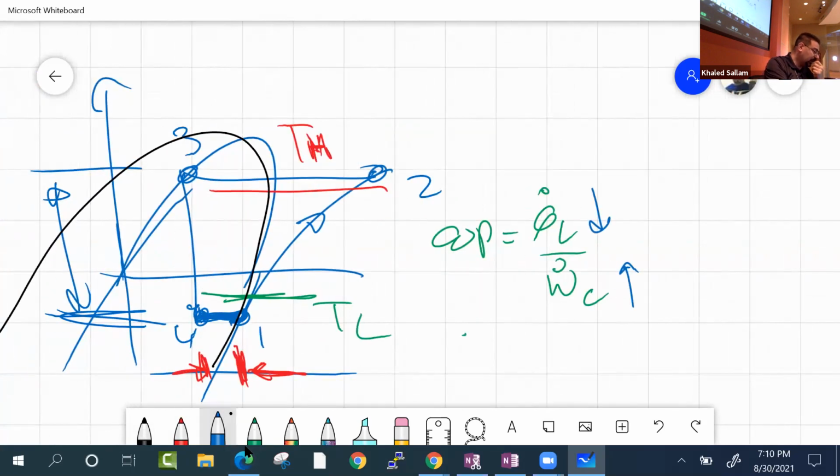Say that again, move 3 to the left. Like go here. This requires, unfortunately, what do you think this would require? What is that line?